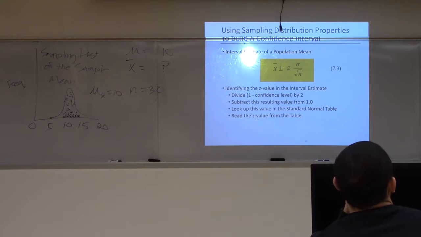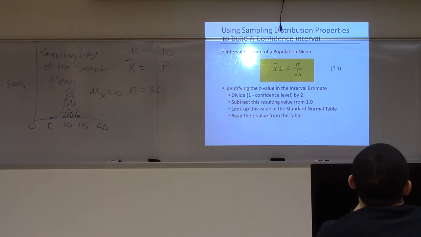So what I want from you all is the z-value that separates the bottom 97.5% from the top 2.5%. 2.5% of the data is up here. You tell me the z-value that separates the upper 2.5% from the bottom 97.5%.